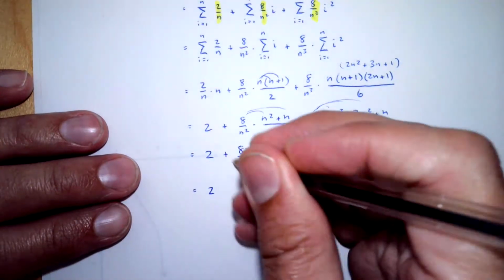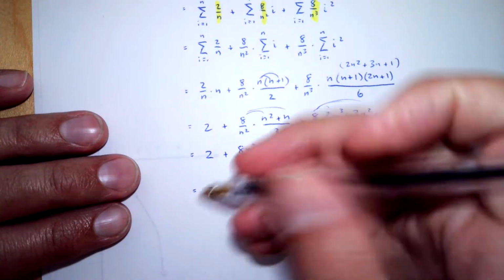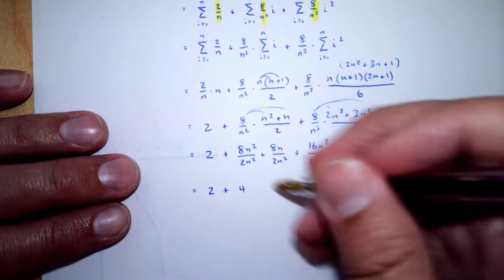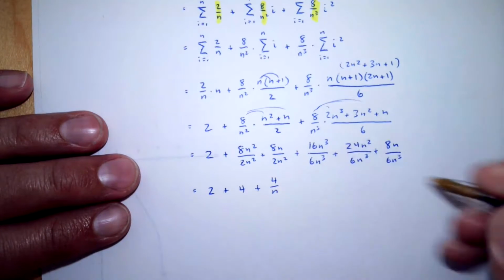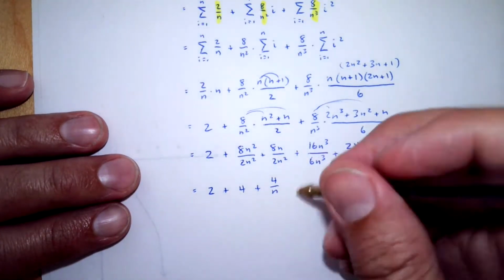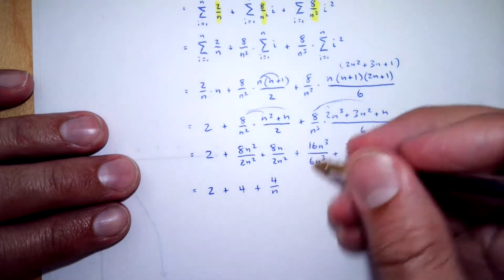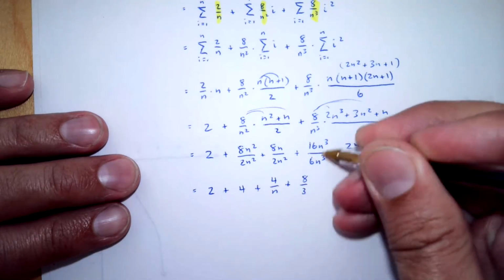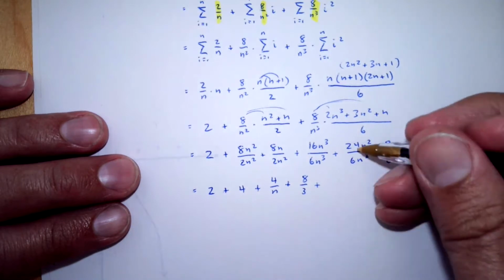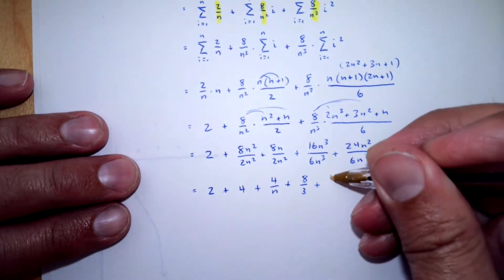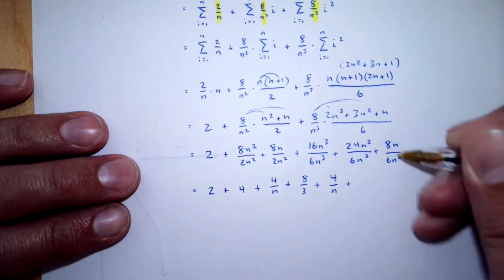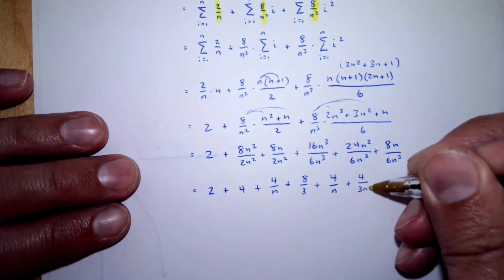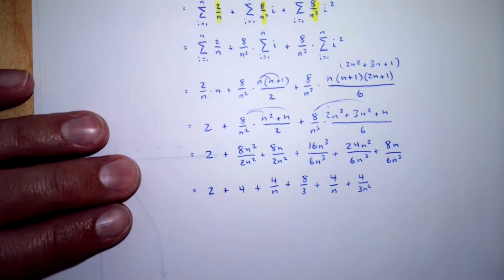So we have a 2 plus 8 divided by 2 is 4, and my n's all cancel, so 4. 8 divided by 2 is still 4, and then one of my n's cancels, so I get 4 over n. 6 does not go into 16, but this does turn into 8 over 3, so plus 8 over 3, and my n's cancel, plus, let's see, 4, and I get an n on the bottom, plus, okay, one n cancels, and this is 4 over 3n squared. Okay, almost there.